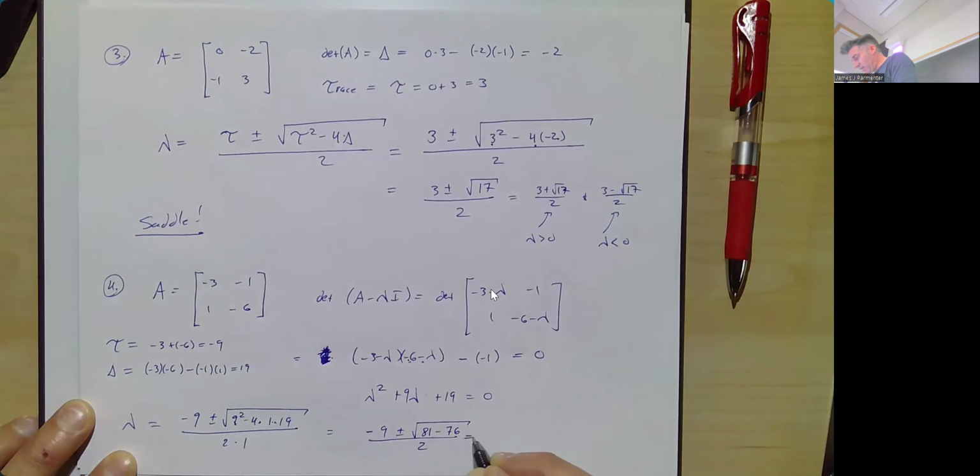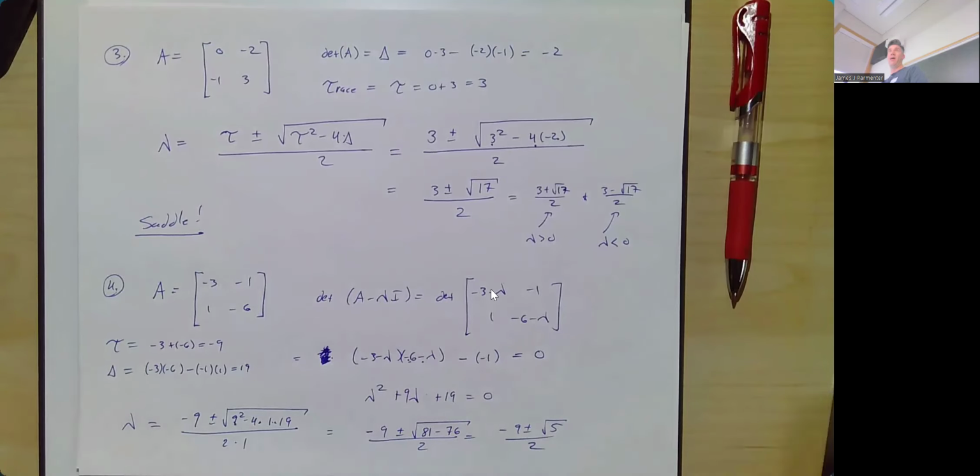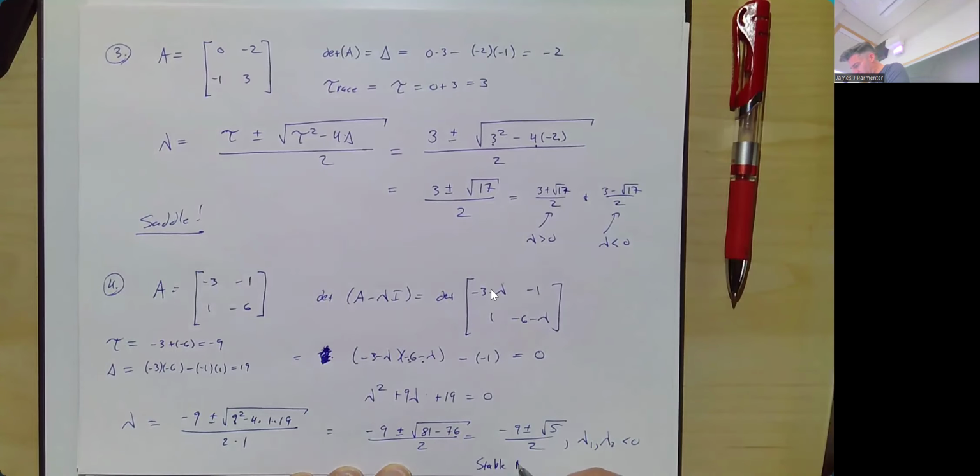So I'm getting -9 plus or minus the square root of 5 all over 2. And either way, -9 minus root 5 is certainly negative. -9 plus root 5 is also negative because root 5 is something around 2 point something. So this is both negative. Lambda 1 and lambda 2 are both negative. So we have a stable node or a sink, either way you want to call it.